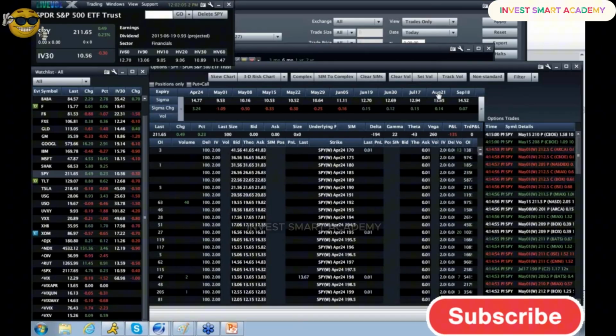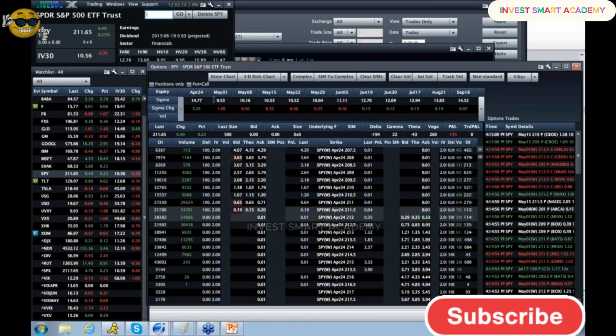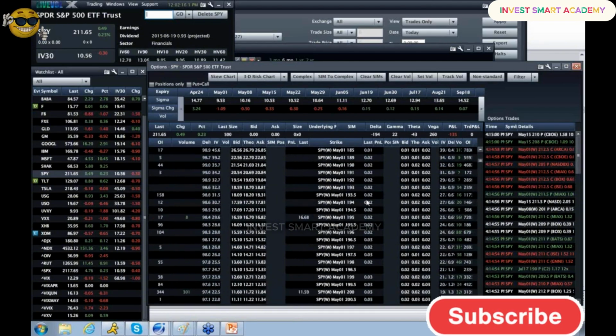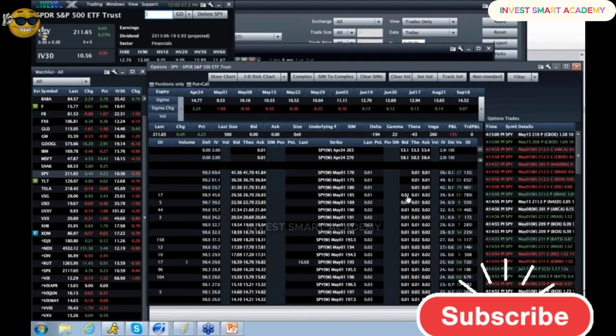All right, so if I look at SPY, it closed 211.65. Or let's go to May, next week's option. Does anybody think SPY is going to go to 185 by next Friday?